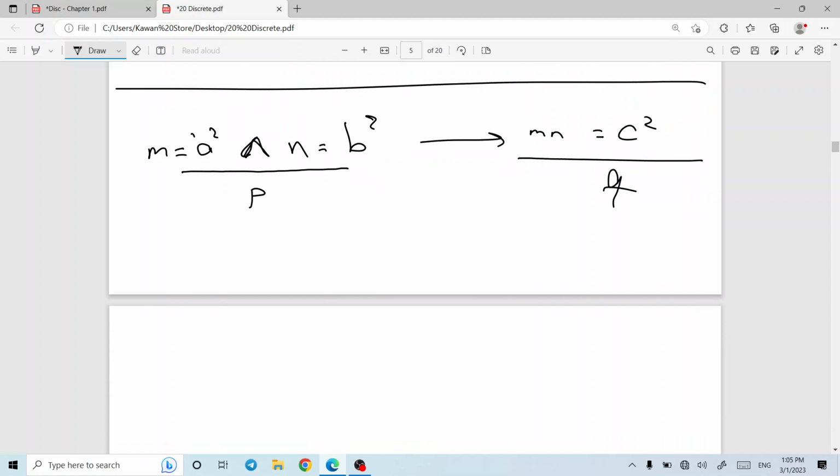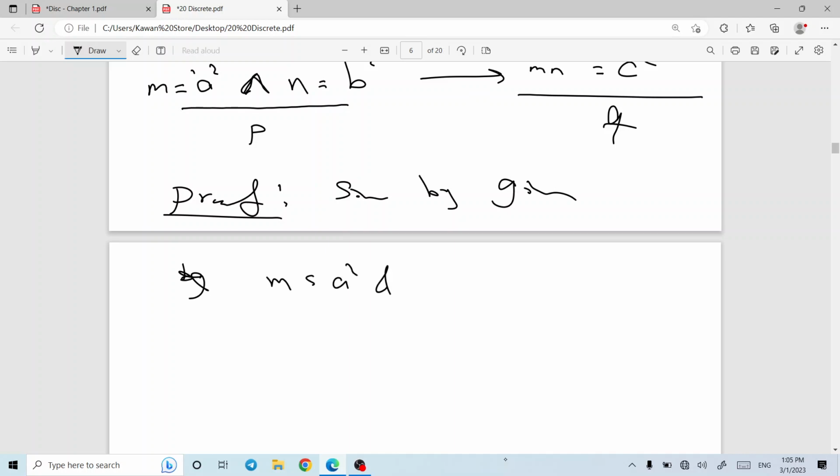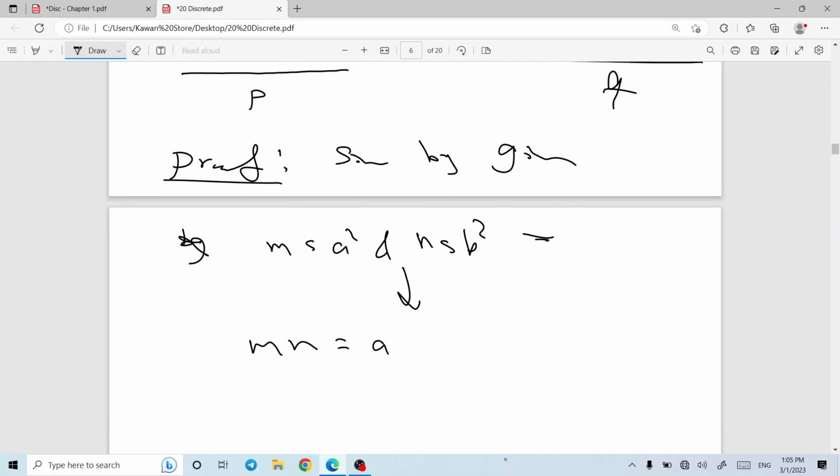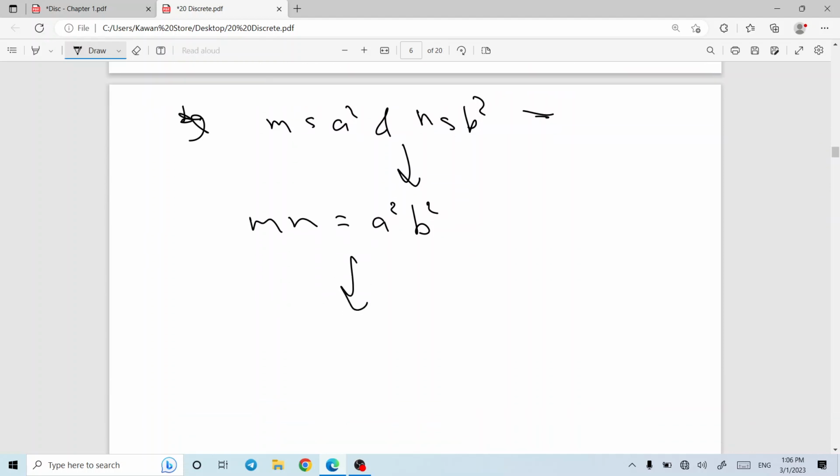So how do we get that one? Direct. There's no way to change the negative. So by given, for example, proof: since by given m equal to a squared and at the same time n equal to b squared, then mn equal to what? a squared times b squared.